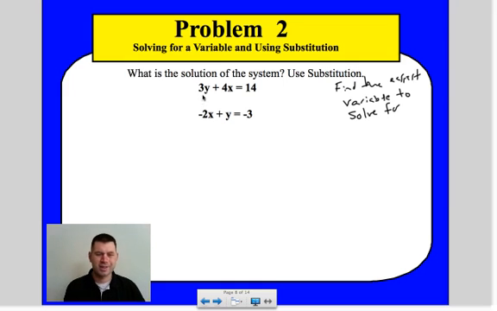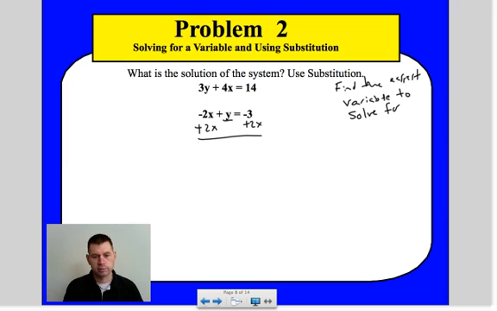Alright, I see 3y, it's not going to be easy. 4x, not going to be easy. 2x, not going to be easy. Nothing's attached to y. Y is 1y, so it's as simple as adding 2x to both sides.